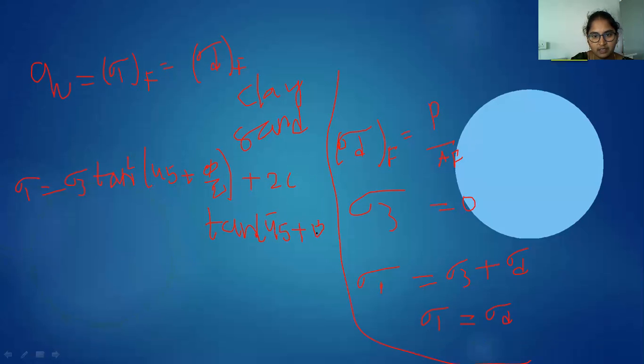This is the equation. Here the cell pressure sigma 3 is equal to 0, so the first term will be 0.